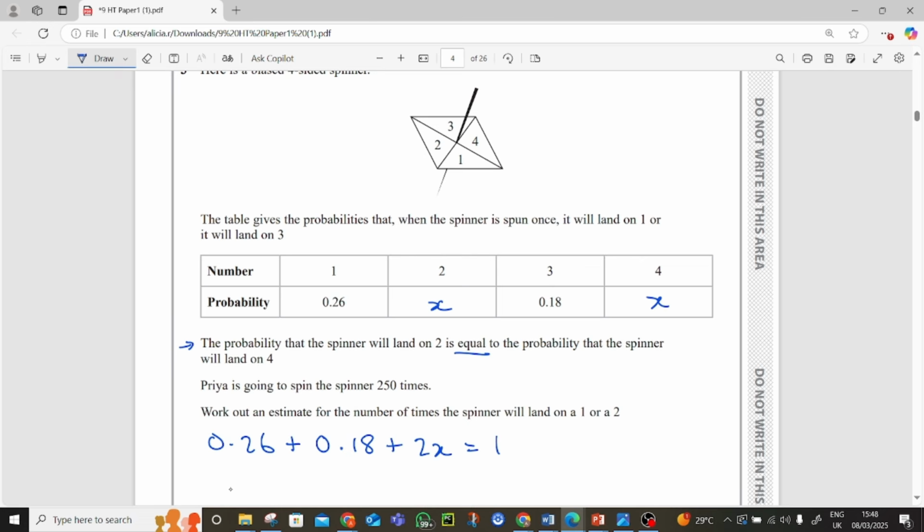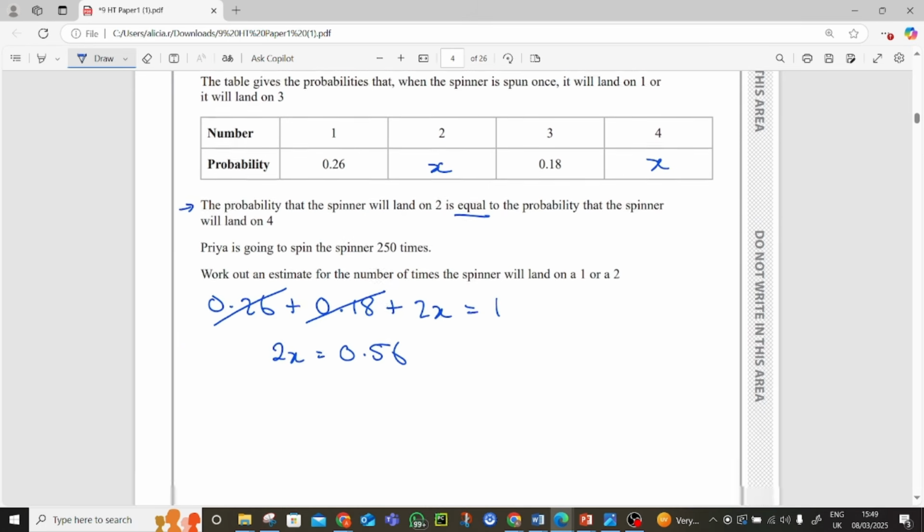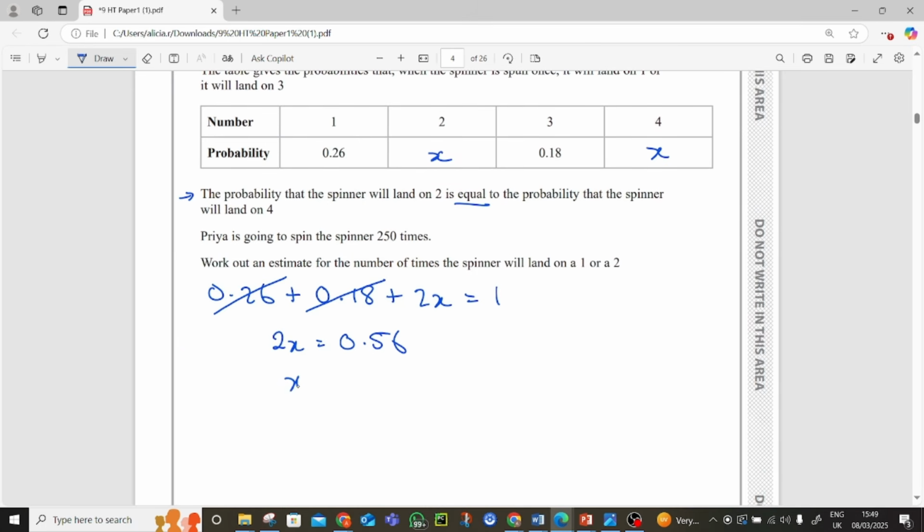And now I'm solving this equation. So I'm going to do 1 and I'm going to subtract 0.26 and I subtract 0.18. And so I have 2x is equal to 0.56. And now I can divide through by 2. So x is 0.28. And so these are the values here, 0.28 and also 0.28.